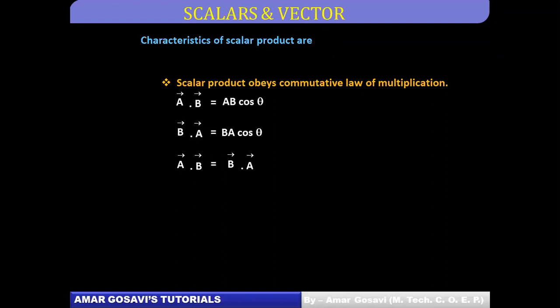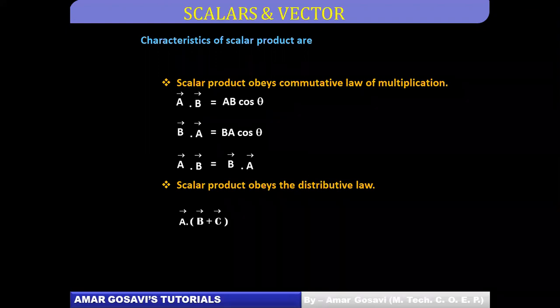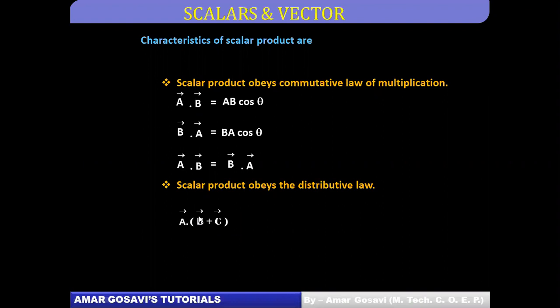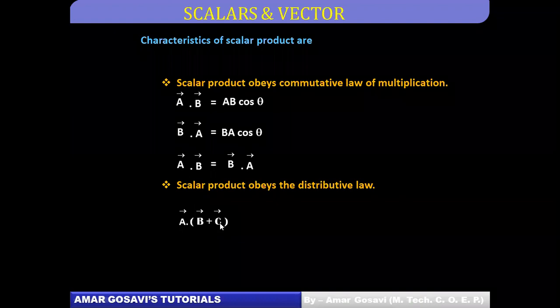The second characteristic, after obeying the commutative law, is that it also obeys the distributive law. That means how it gets distributed. Let's understand it in the form of an equation. a bar dot (b bar plus c bar). That means a bar has to be distributed over b bar in terms of multiplication, and a bar has to be distributed over c bar.